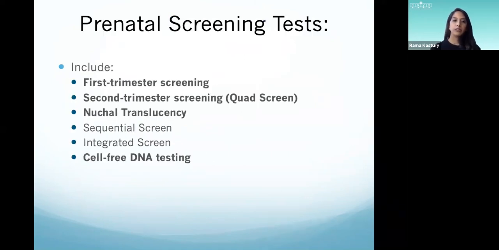Now looking at the other specific tests that are done only during pregnancy, I'd like to focus on the ones that I've bolded here.